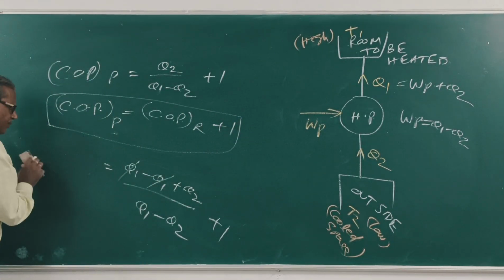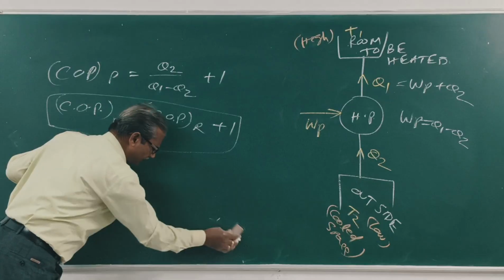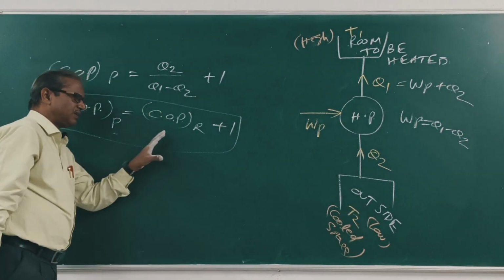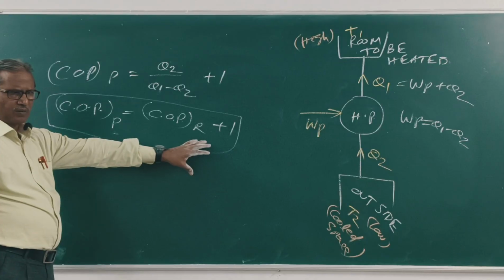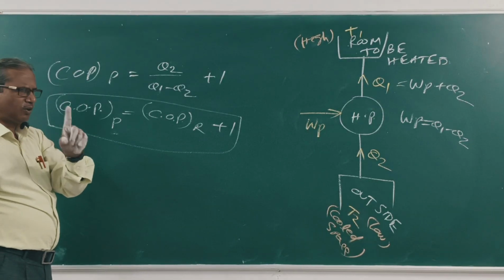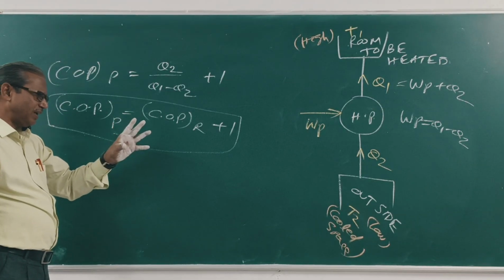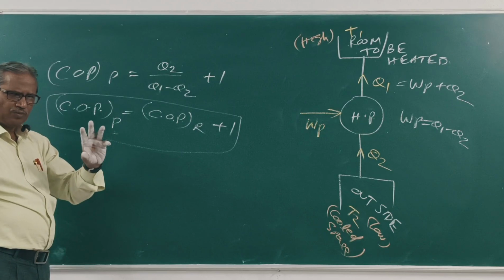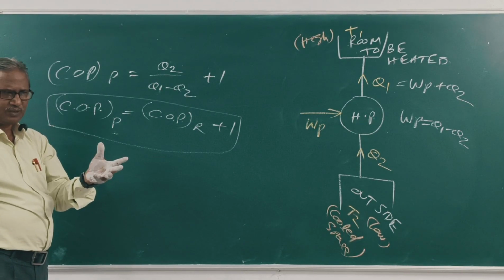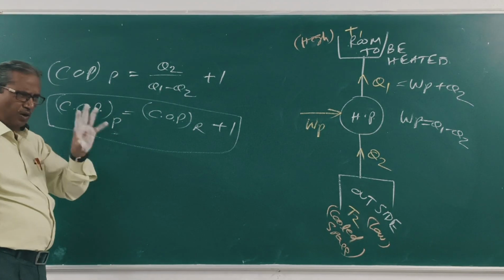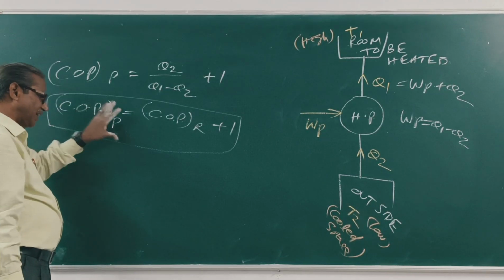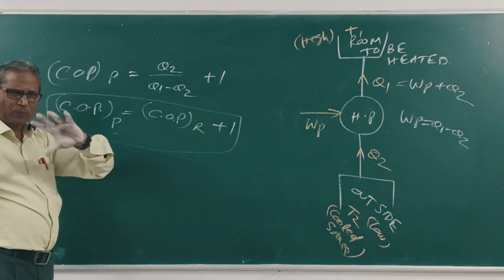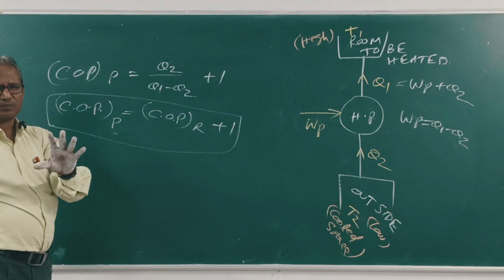Hence, the COP of a heat pump machine exceeds the COP of a refrigerator by unity. Clear? So when operating as a heat pump, for the same machine, its COP exceeds by 1 the COP when operating that machine as a refrigerator. Clear?